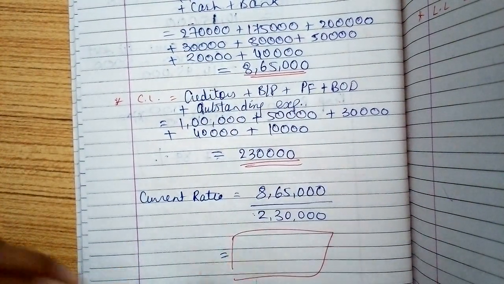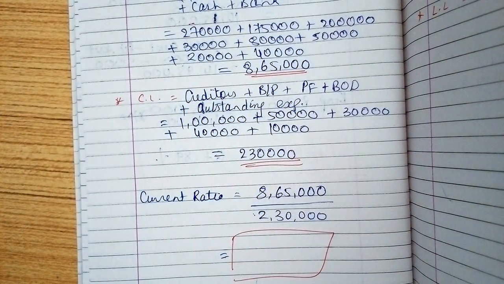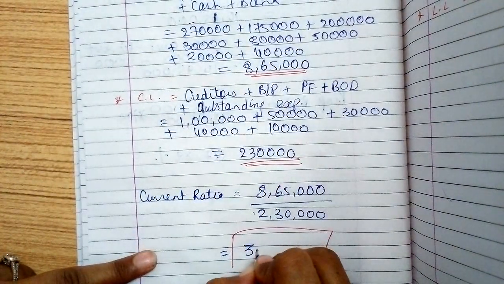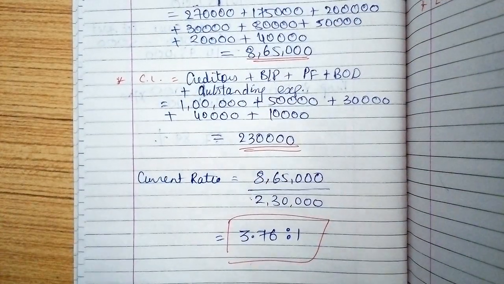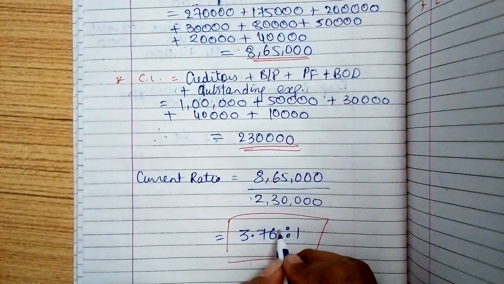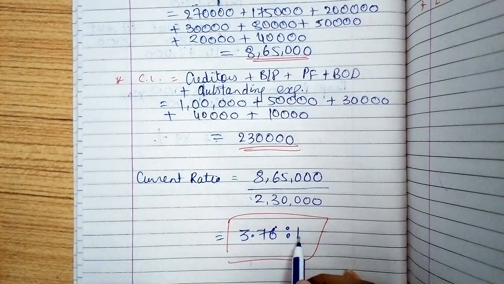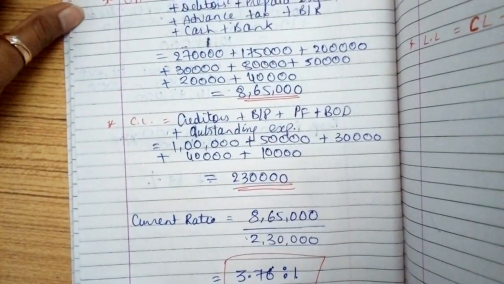So the current ratio will be 3.76:1. That's the answer for the current ratio. Whenever I have current assets of rupees 3.76, I have current liability of rupee 1. That's the interpretation. So this is the calculation of the current ratio.